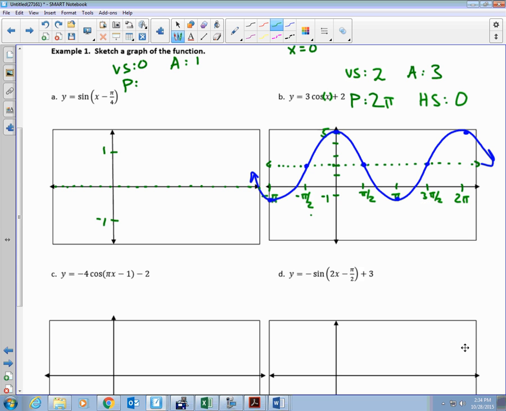All right, so now the period. What's the period? 2 pi divided by b. What's the b value? The b value is the number in front of x. What's the number in front of x? 1. So the period is 2 pi. I divide that up into 4 parts. And this is going to be the same as our last one.